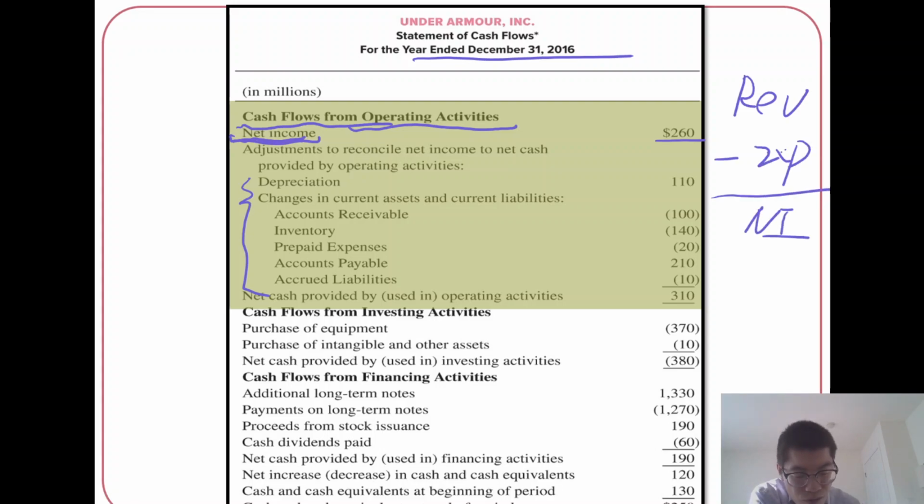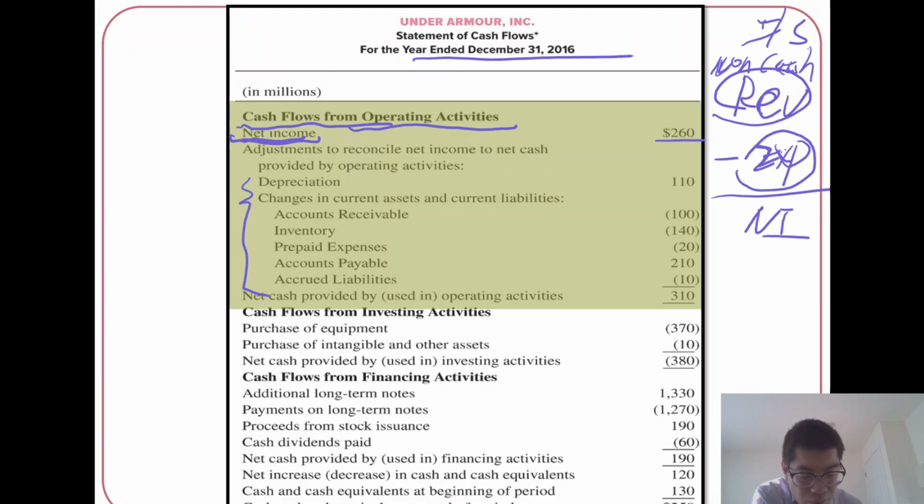And the reason is that when we prepare the income statement, we have a portion of revenue which is non-cash, which is sales on credit. Remember that? And we have accounts receivable, right?